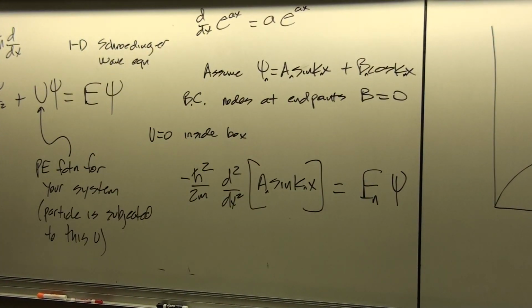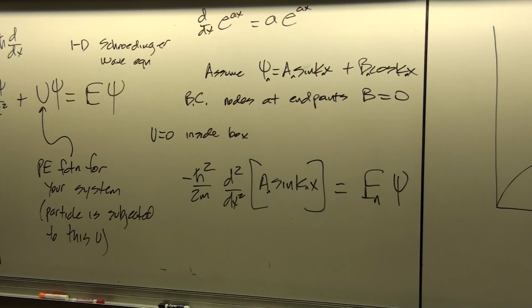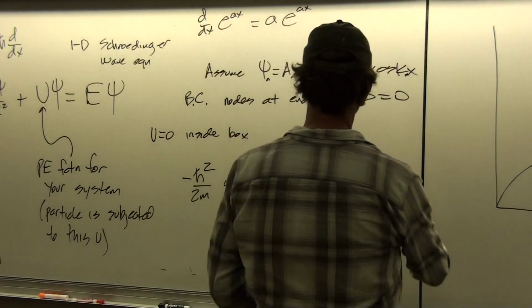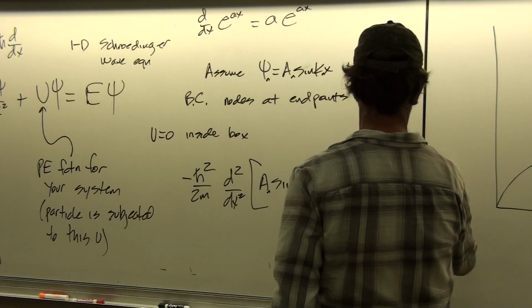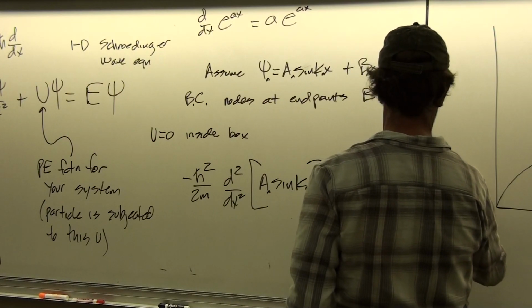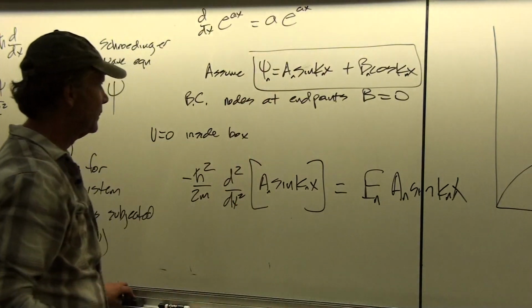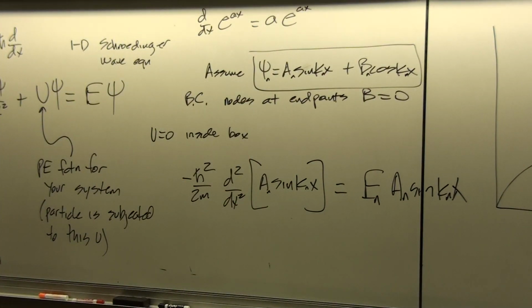Okay, because the U is 0 inside of the box, this is basically what we're trying to solve for. And then the psi over here we'll write as A_n sin(k_n x), because that's our psi wave function for the nth harmonic.